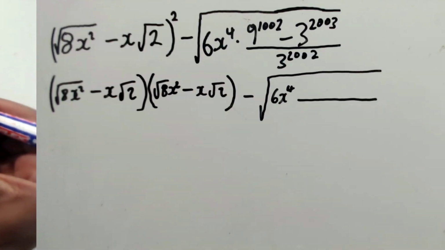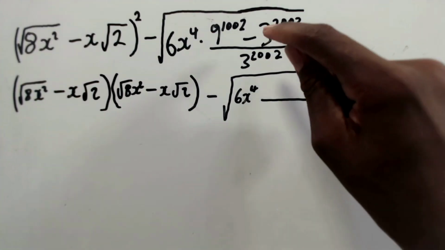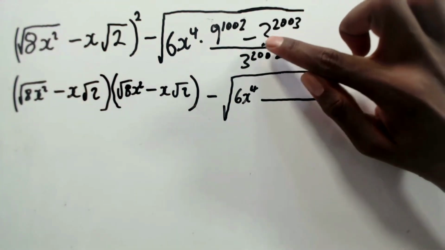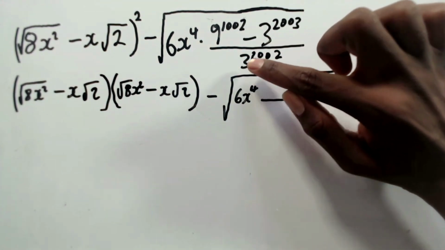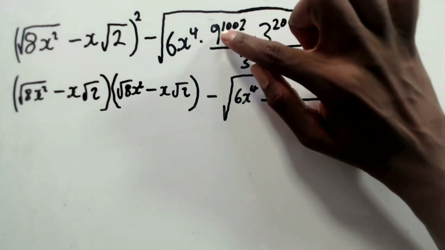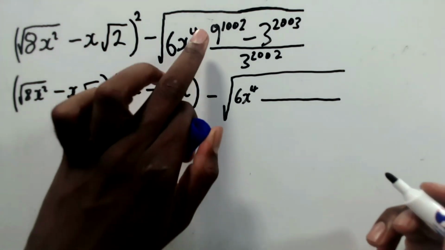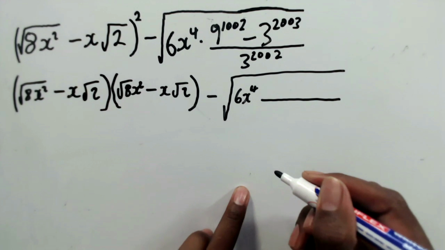Looking at the complicated parts here, I have a base of 3, and I have a base of 3. These are exponents, but then I have a base of 9 here. With the base of 9, I know that 9 is the same as 3 squared.